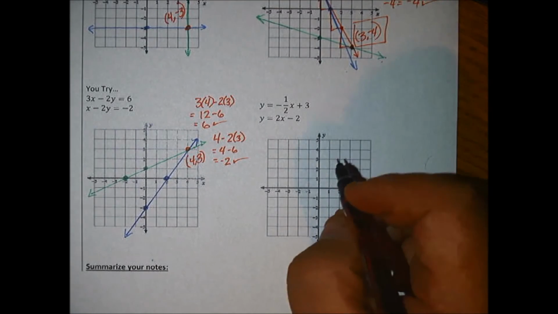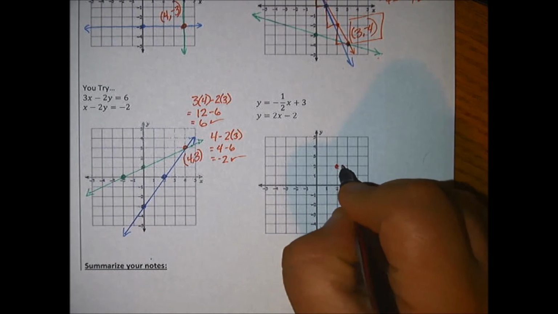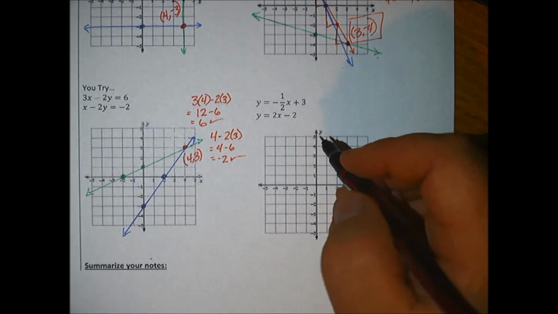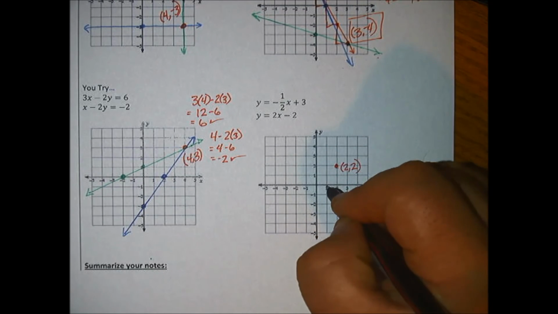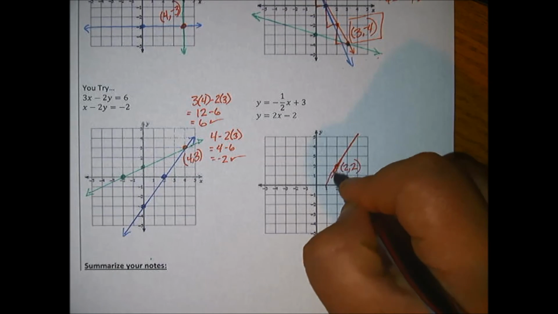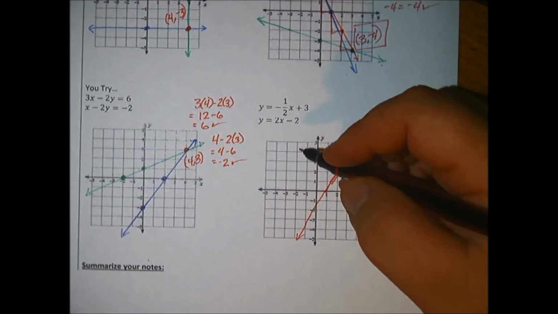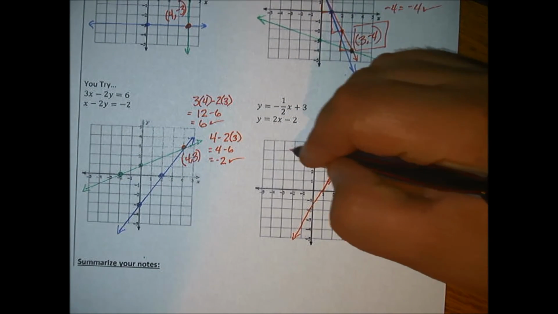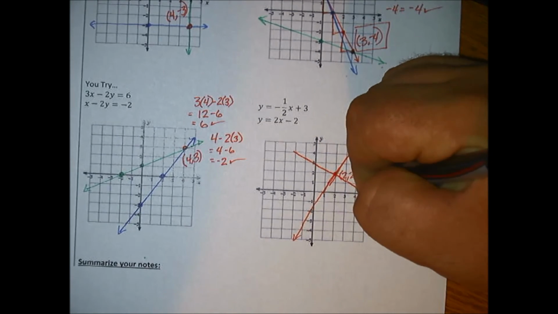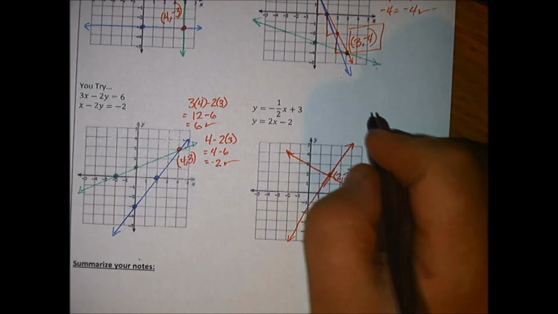You should have gotten that these two lines intersect at (2, 2). You've got one line that goes up through here, and then another line that comes through here, with these two lines meeting at (2, 2).